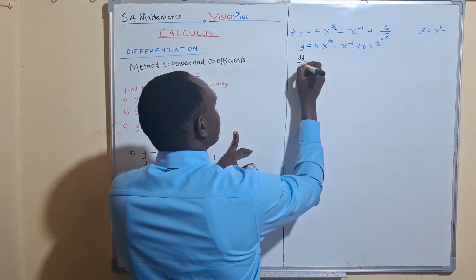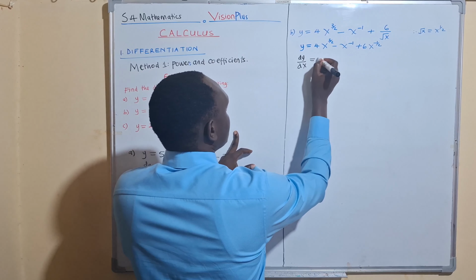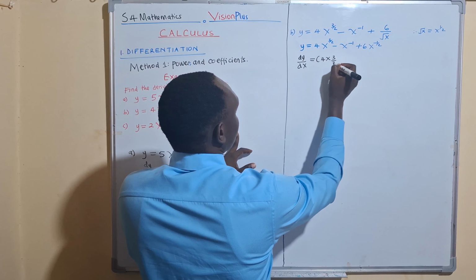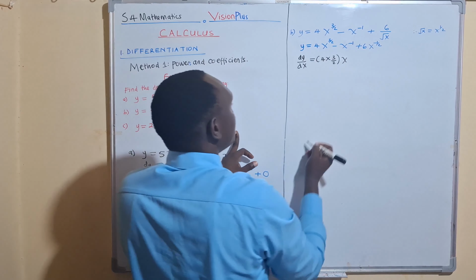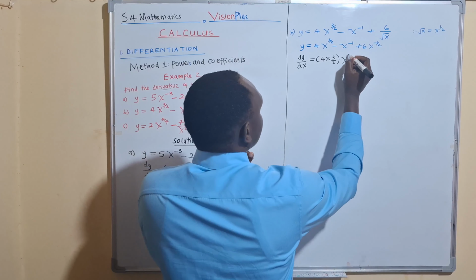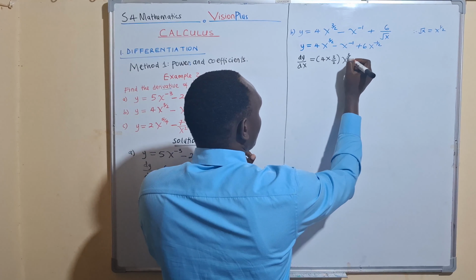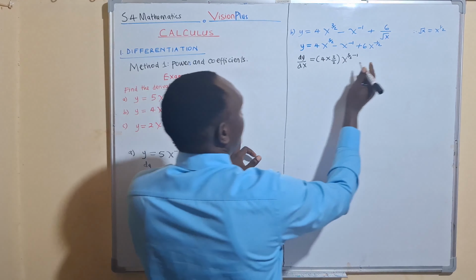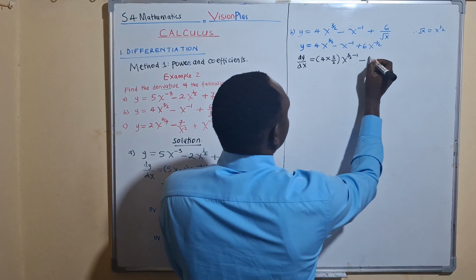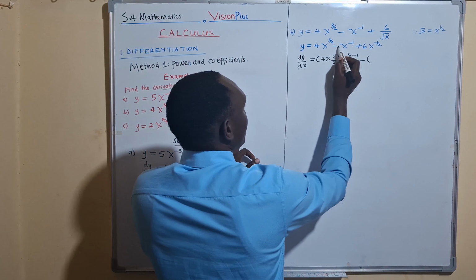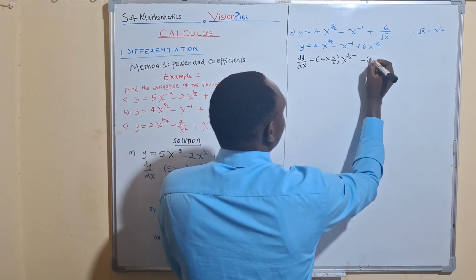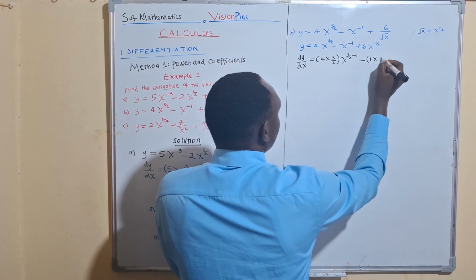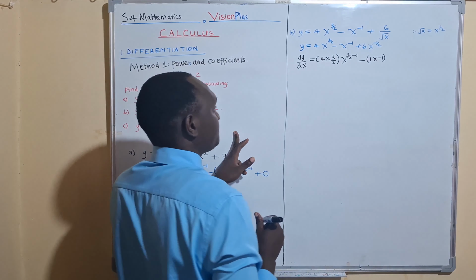Therefore, dy/dx becomes 4 times, lower the power, 3 out of 2 x. Now we need a new power, which is the whole power of 3 out of 2 minus 1. We have differentiated the first term. Now we proceed minus. Remember here we have 1. We shall say 1 times, we drop that power, times negative 1.